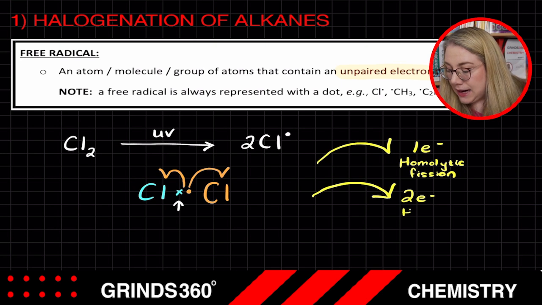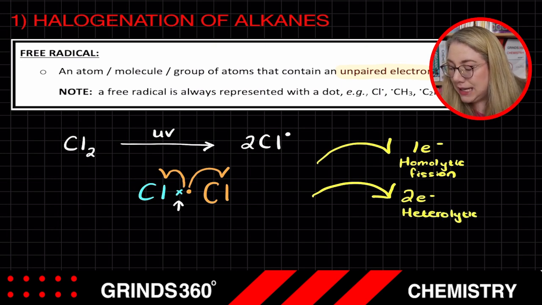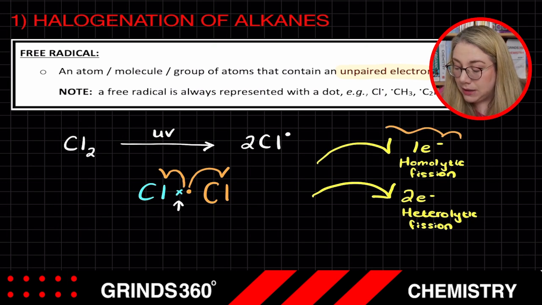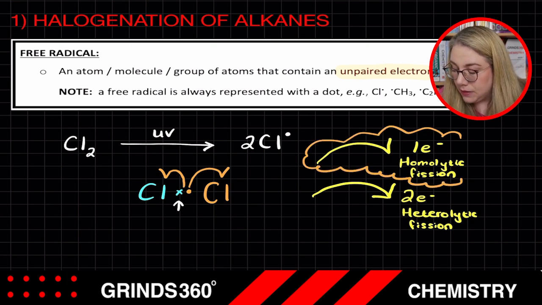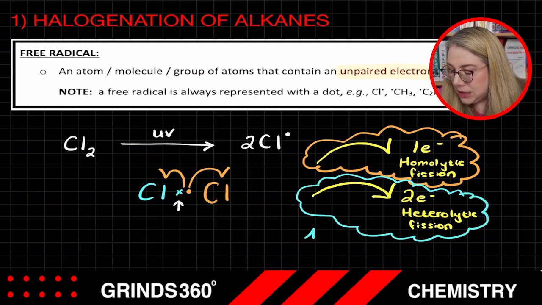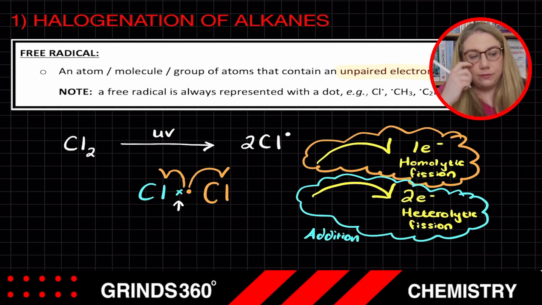With the double-headed arrow, we will call this heterolytic fission, which you will see later on. But when you're dealing with halogenation of an alkane or free radical substitution, it's the half-headed arrow that you're dealing with. So this one here. With the double-headed arrow, so the one on the bottom, this one you will see in addition reactions, and you're not going to use it before then, okay?